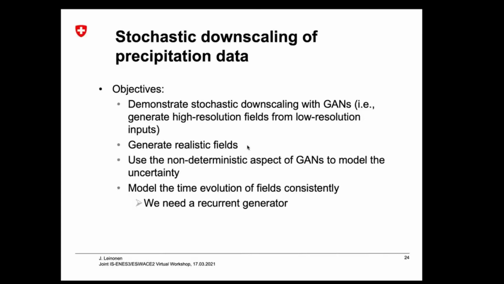And so the objectives were to generate realistic fields, to use this non-deterministic aspect of the GANs to model the uncertainty, and then to model the time evolution of fields in a consistent way, so that we can also get time evolving downscaling that's consistent between the time steps.